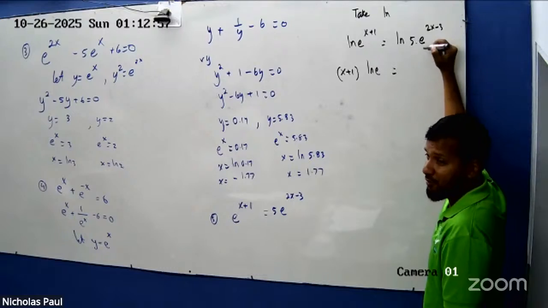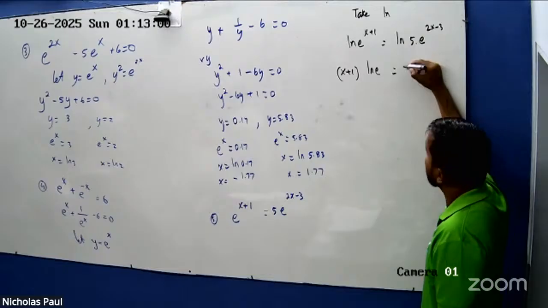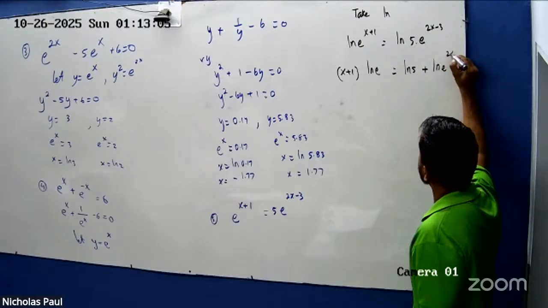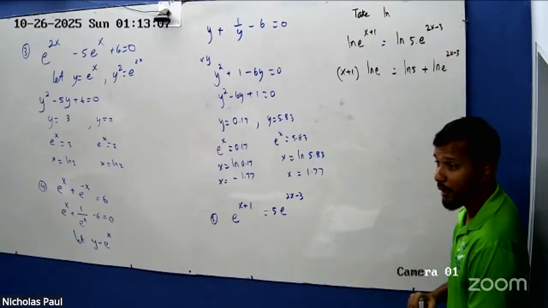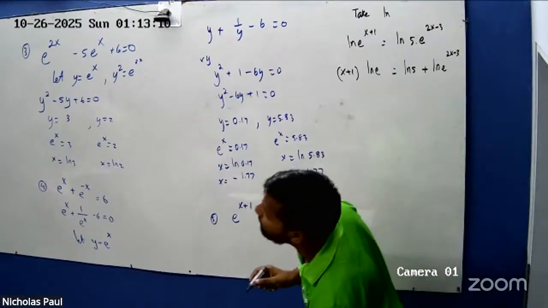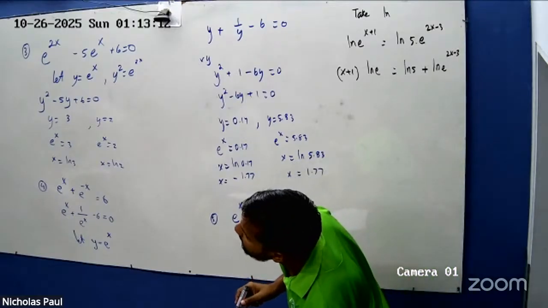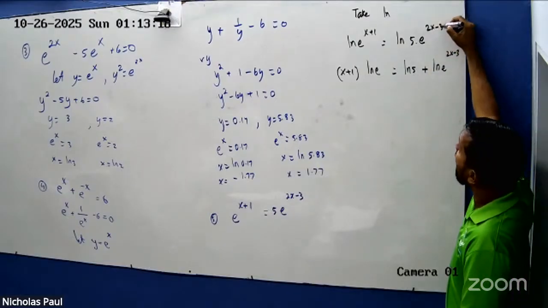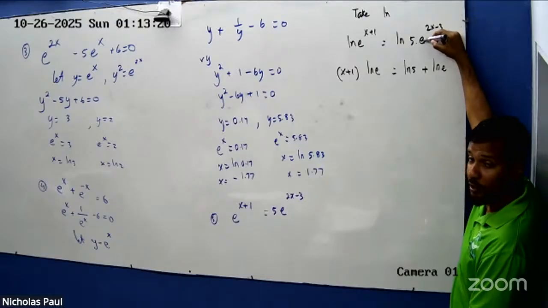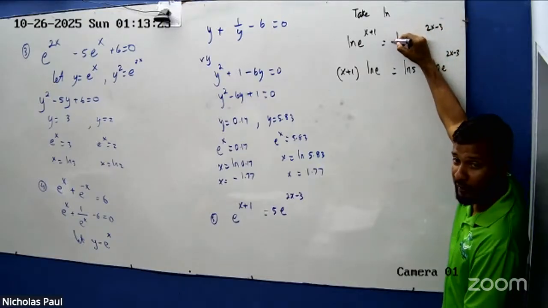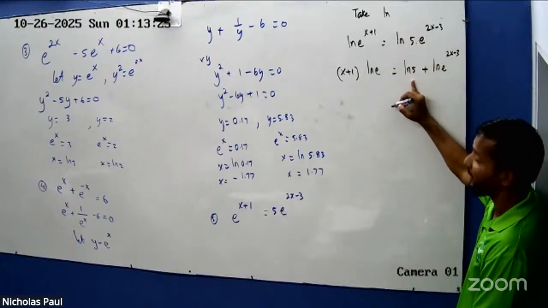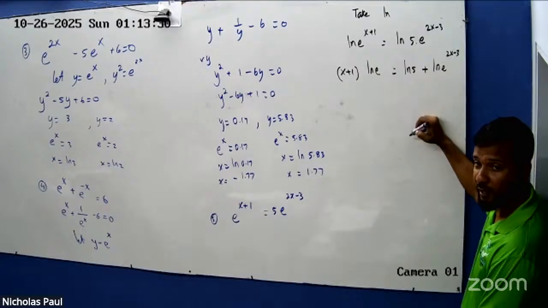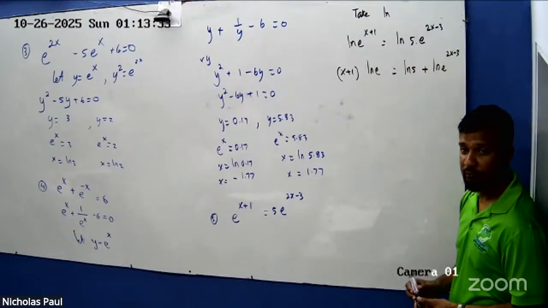So you have to break it up first as multiplication. So it will be ln 5 plus ln e to the 2x minus 3. The problem is the 5 there. You can't take the power because the power is over e alone. So you can't use the power rule and bring it in front. Problem is the 5. Now you can bring the 2x minus 3 in front. Right, Adam? Try it out now. Let's see what happens.